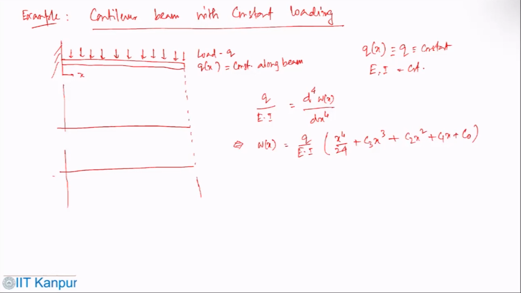This is what we get as a solution. Now we can put in the boundary conditions. At x equals 0, w is 0, which gives c0 equals 0, and dw by dx is 0, which gives c1 equals 0.